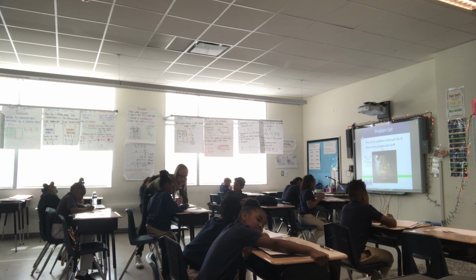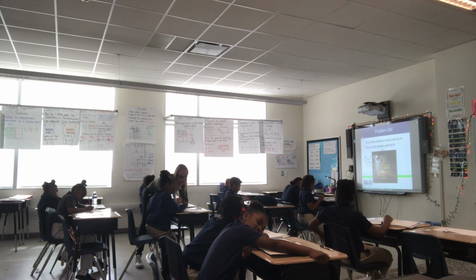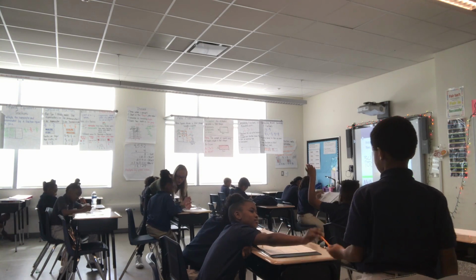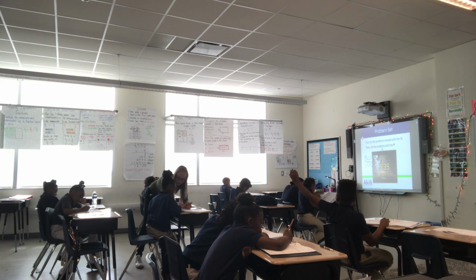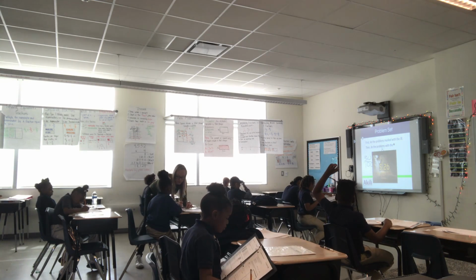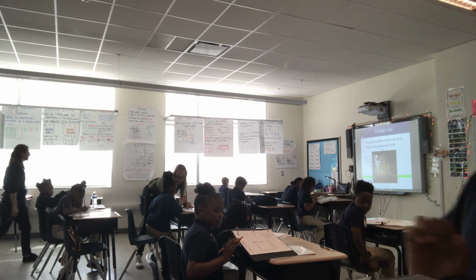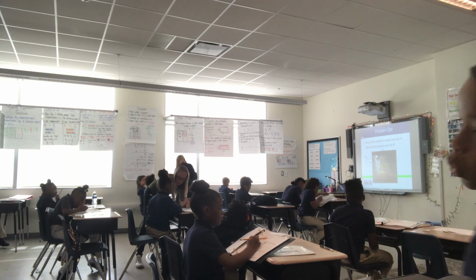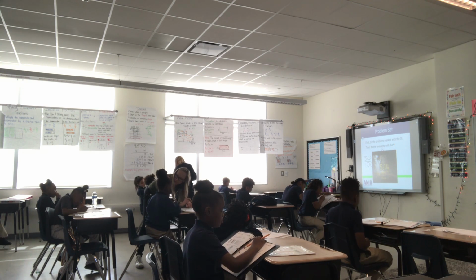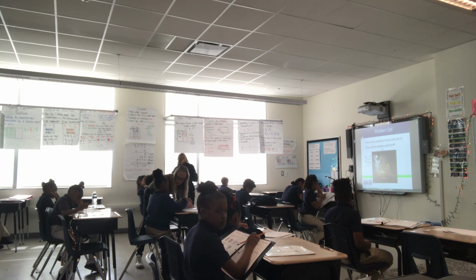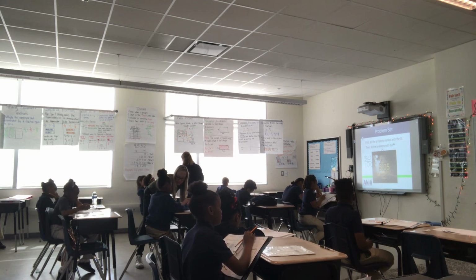Go back into that. How many hundredths did you shade in right here? Okay, so 3/10 is how many hundredths? 30. What did you multiply? 30.